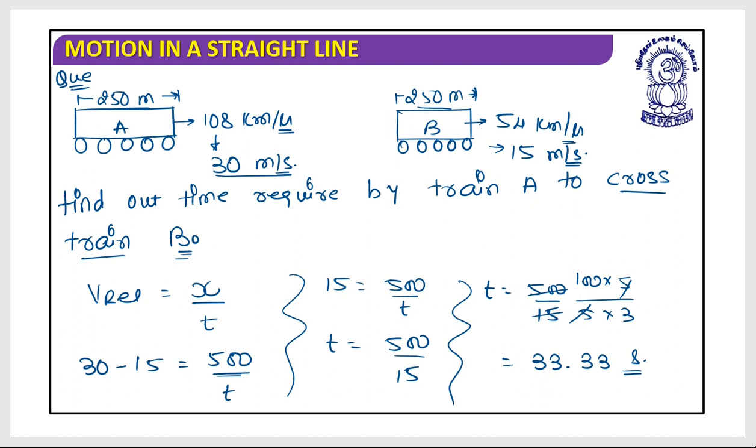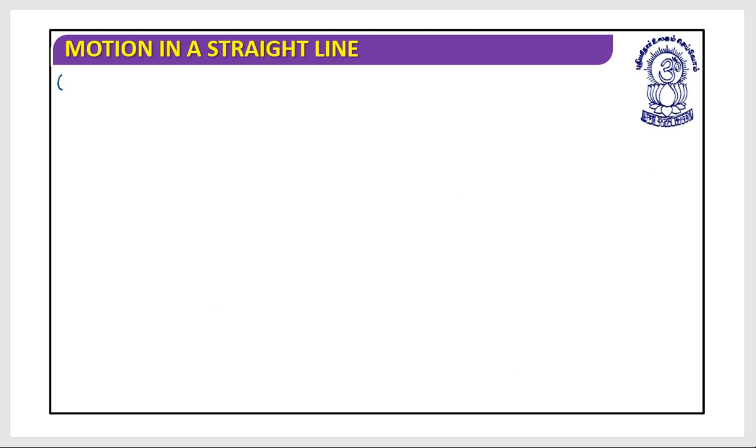This much amount of time would be required. Yes, I hope these things are clear to you. Is it? Yes, ready to move to the next question? Shall we do it? Let's do it.